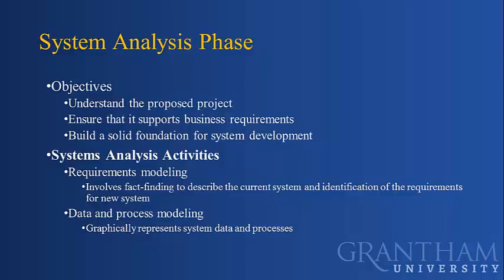Systems analysis phase. Team-based techniques are JAD, RAD, and Agile methods. The goal is to deliver the best possible system at the lowest possible cost in the shortest possible time. Joint application development, JAD, brings users into the design process.